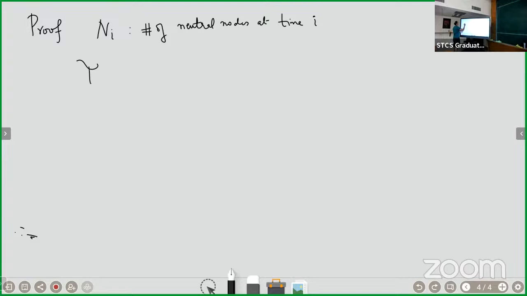Let tau_k be a stopping time: the minimum time t such that N_t is less than or equal to n minus k. The number of neutral nodes is shrinking, so eventually it will cross this threshold of n minus k and go below that. The earliest time at which it does is my definition of tau. This will make sure that whatever I'm defining remains non-zero, because I'll only define it from time 0 to tau.